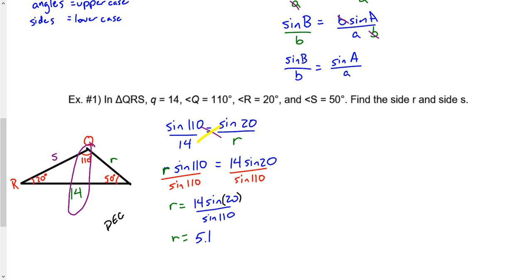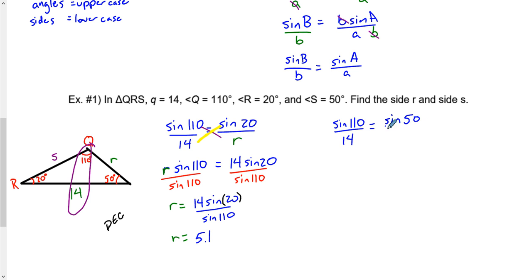If I want to solve for side S, I'm going to use, again, information that I have. I'm going to use this 110 and 14. So the sine of 110 over 14. The angle across from the side that I want is the 50.